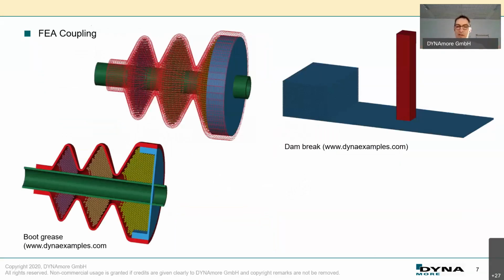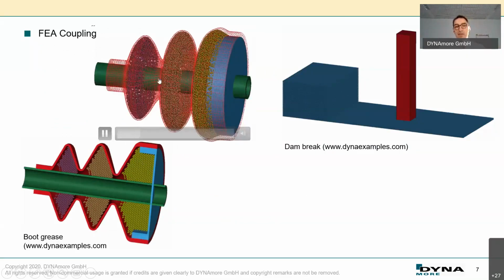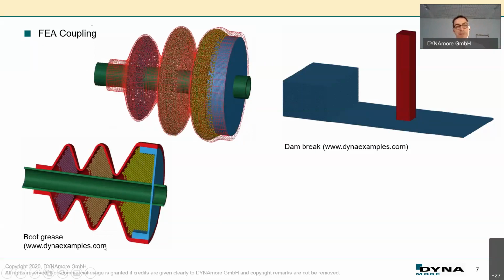Here is an example of the SPH method, explicitly SPH coupled with the finite element method. For instance, this is a seal with grease inside. The grease is modeled by the SPH method, and the deformation of the structure is modeled by finite elements. You find this example also on dynaexamples.com.